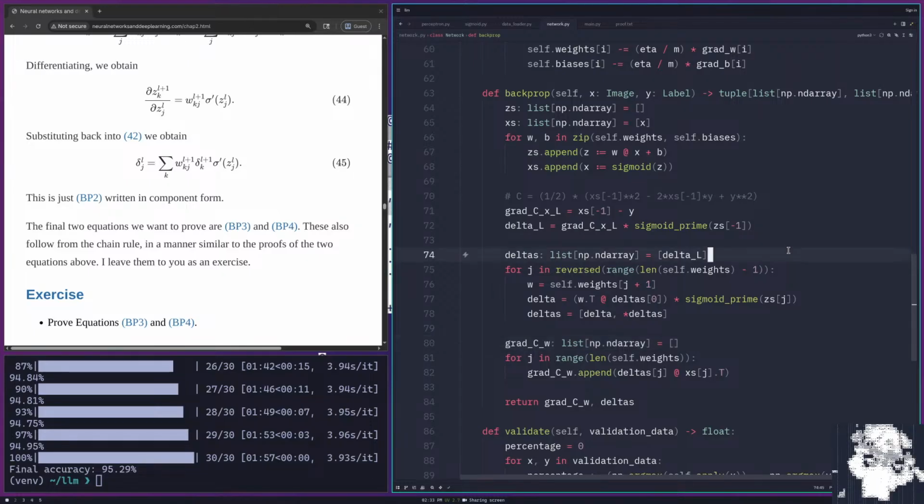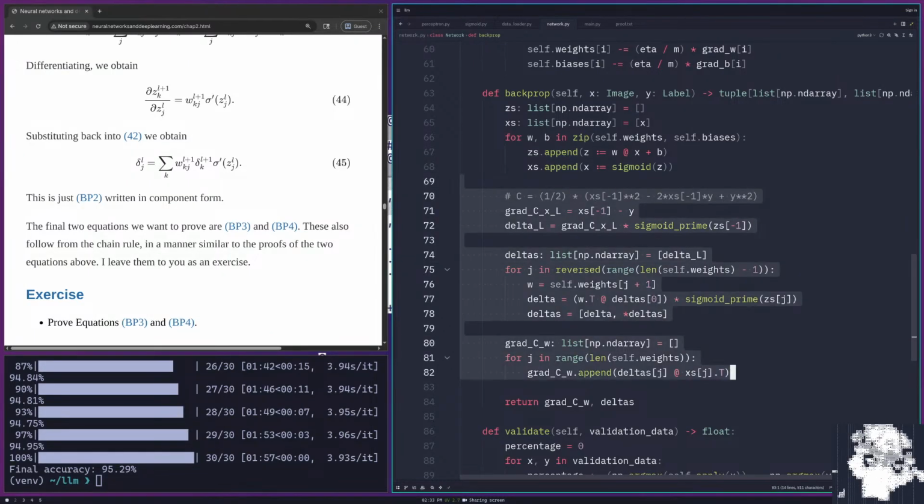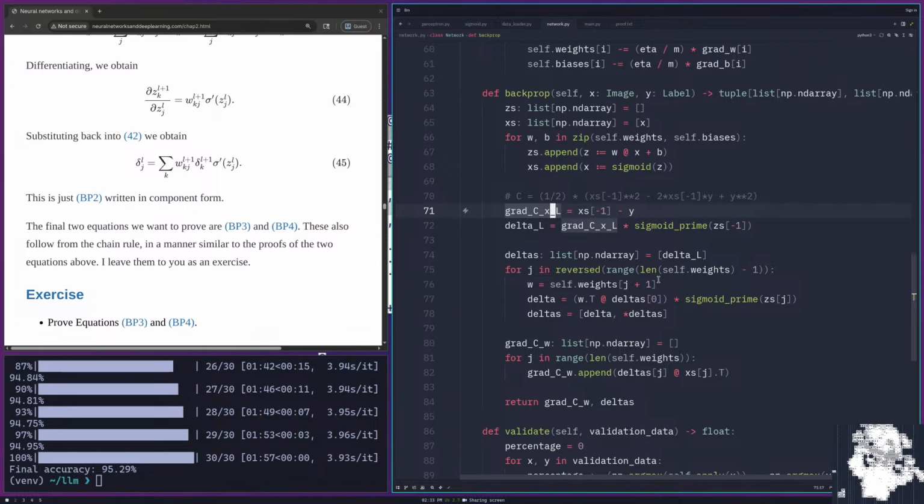So will this help me rewrite this code in a nicer to read way now? So I'm calculating all these deltas.